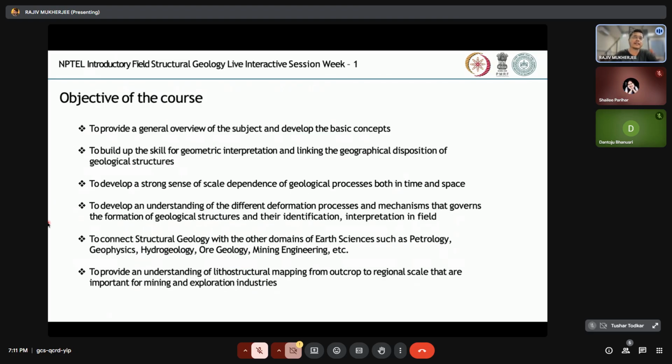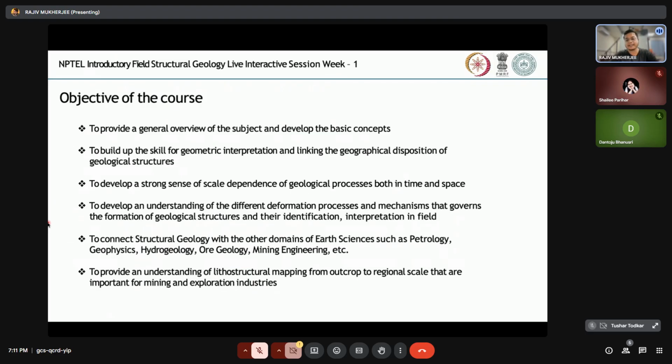And therefore there is a growing demand not only in the mining sector but also in sustainable development and how it can be linked with structural geology, such as carbon storage and capture, coal bed methane extraction, and carbon sequestration, things that are going on to diminish global warming.